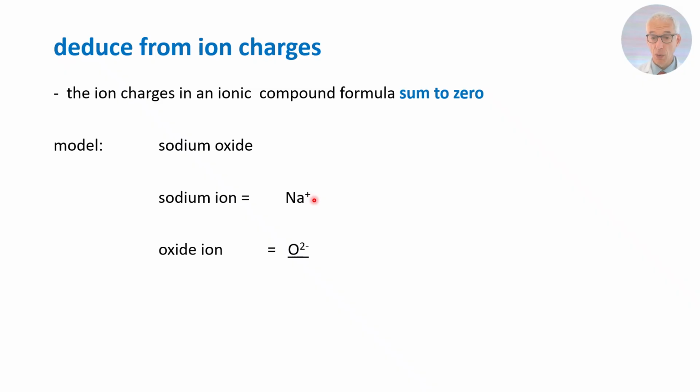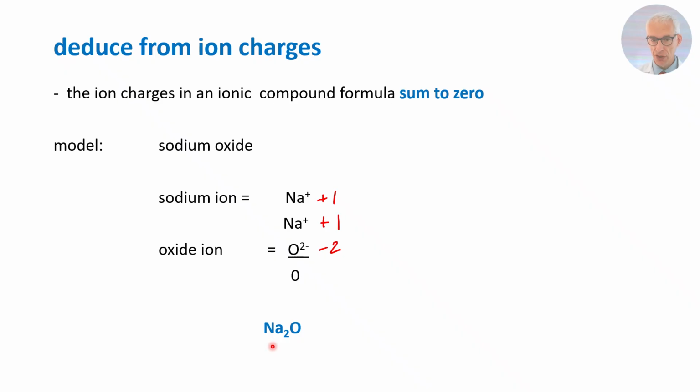We add 1+ to a 2-, it doesn't come to 0. So we have +1 and -2. We need a second sodium ion. We add +1 and -2, those sum to 0. So our formula, 2 sodiums and 1 oxygen.